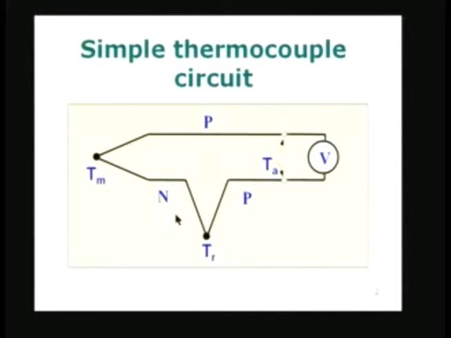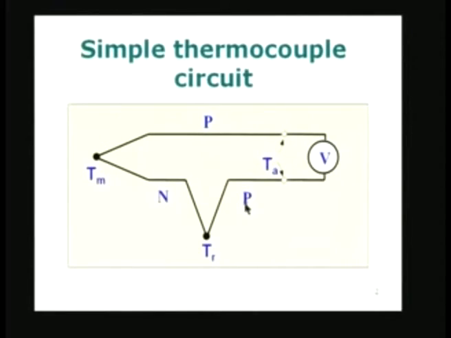In this case, the junction is between the N wire and the P wire. So, the measuring junction is between the P wire and the N wire, and if you go in the same direction between the negative and the positive wire, there is a junction which is maintained at the reference temperature. In practice, the reference temperature is usually going to be the ice point, and we will come back to this ice point and how to maintain the ice point later on.